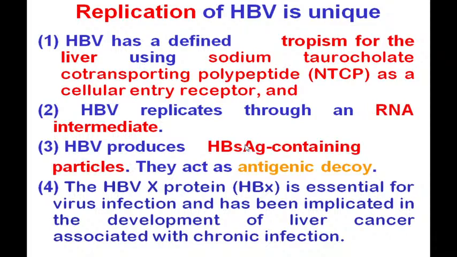They will be secreted and form the HBs-containing subvirional particles, and those particles may act as antigenic decoys for antibodies produced in the body. And by the way, those particles together with antibodies produced against HBs antigen may form very large so-called immune complexes.